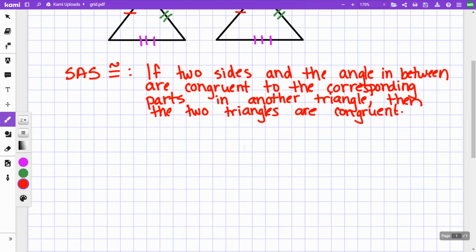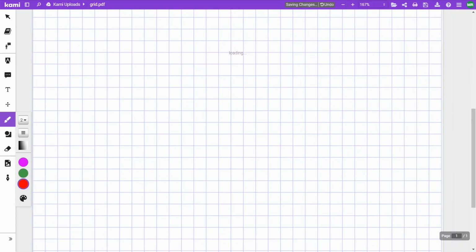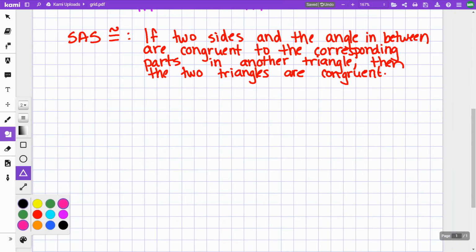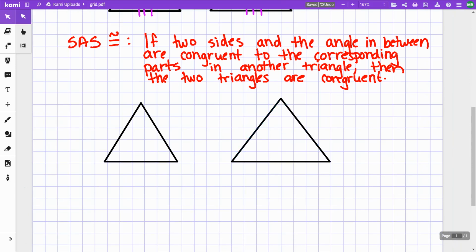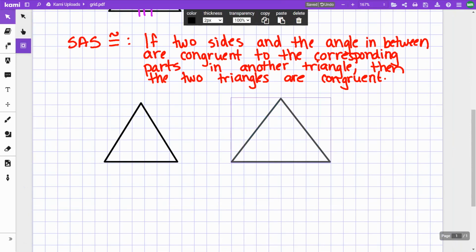And a picture of this one, just so we understand. I was going to copy this one.